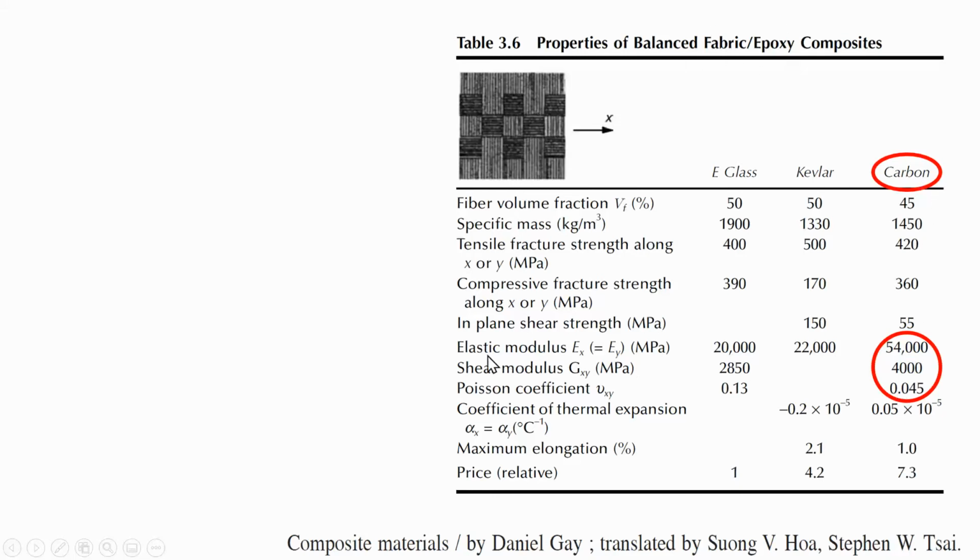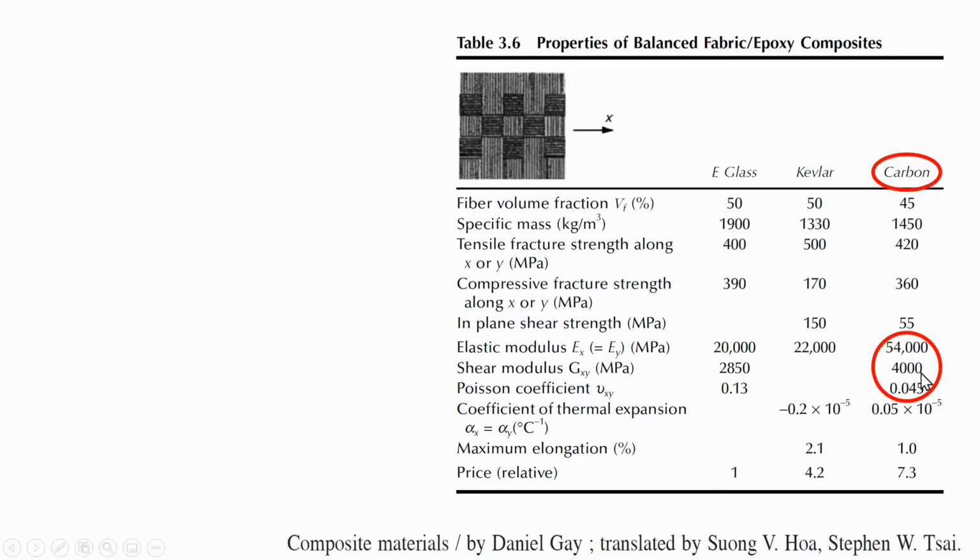Because it's a plain weave, EX and EY are the same, there's no preferential direction, and the shear modulus and the Poisson ratio are given here. Now Poisson ratio for a fabric is a lot smaller than the one for unidirectional ply. Typically for carbon epoxy unidirectional, it's about 0.25, 0.3, something like that.